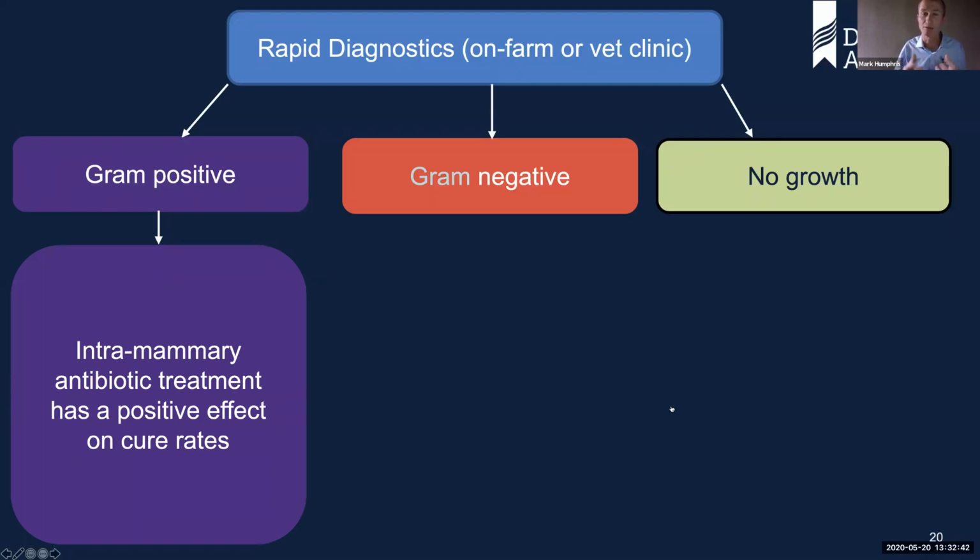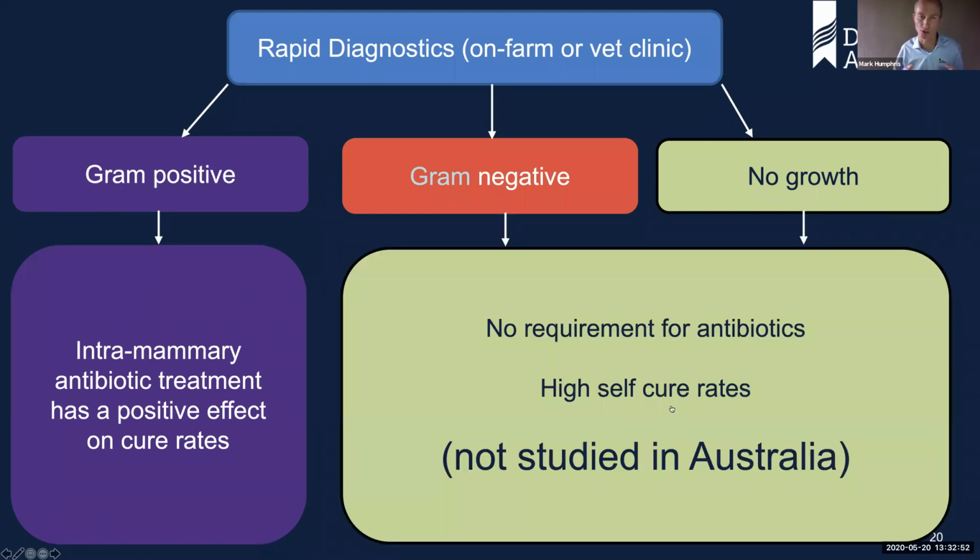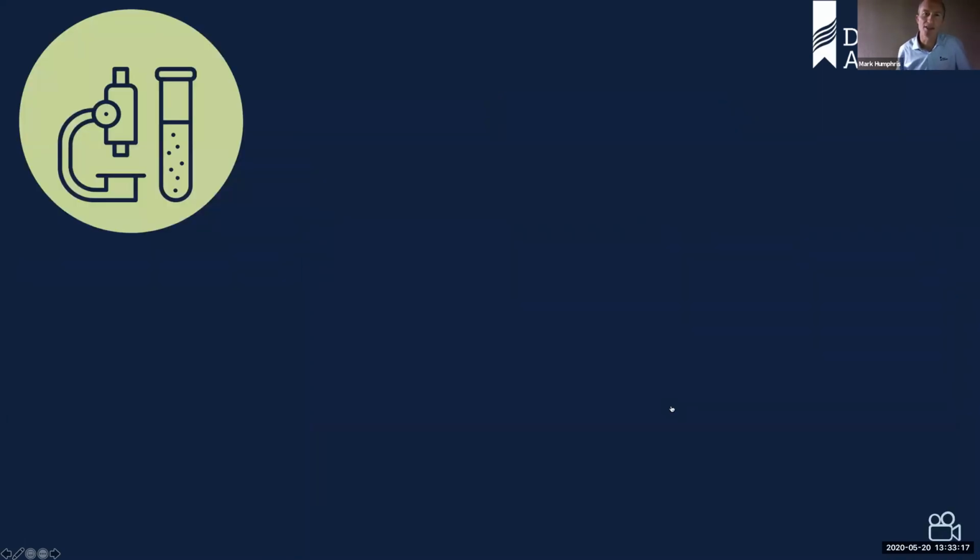Whereas with gram-negative or no growth, if that's the result coming back after 24 hours, at least research from Europe, New Zealand and the US means that these cows, in fact, don't need any treatment. They could have some supportive treatment in the form of anti-inflammatories, but they don't need treatment. Obviously, this provides great opportunity in terms of reducing the amount of antibiotic use, but it comes with some limitations.